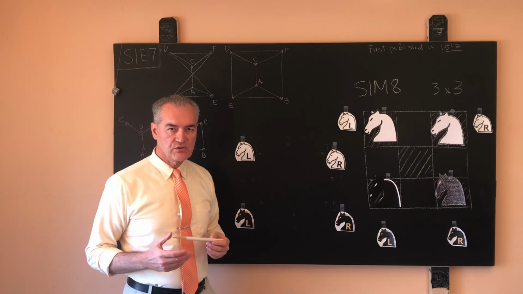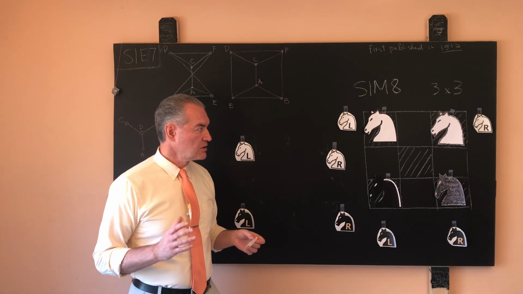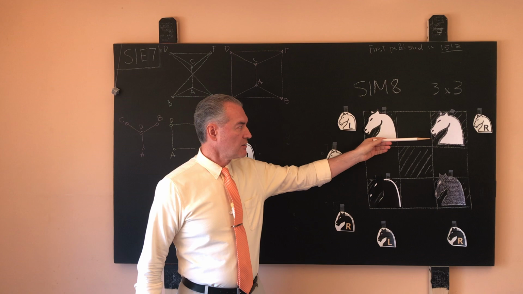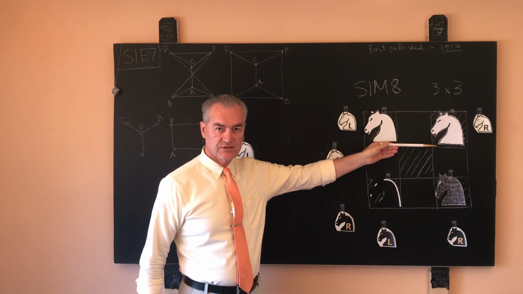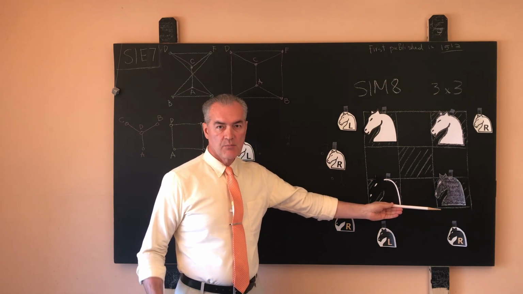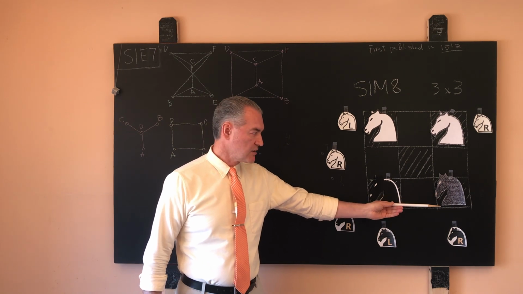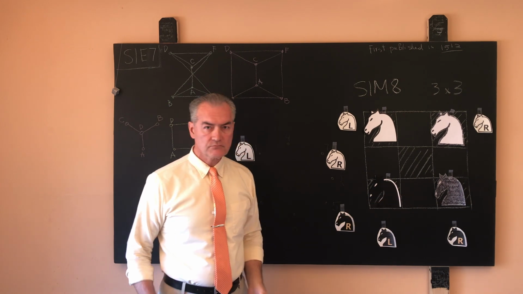Also, the initial configuration of the chess knights is free, because for demonstration purposes, I put 2 white chess knights on the top and 2 black chess knights on the bottom. But the essence of this problem will not change if we put the black chess knights on the top and the white ones on the bottom.